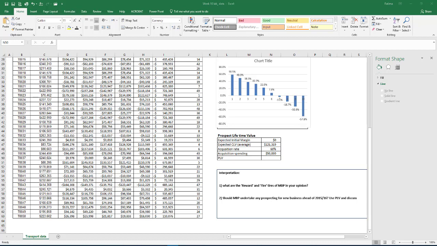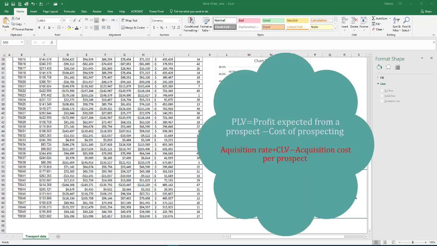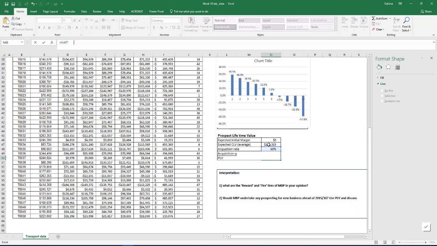So what's the formula for PLV? Here is the formula. PLV equals the profit expected from a new prospect minus the cost of prospecting. So the exact formula is acquisition rate multiplied by expected CLV minus the acquisition cost per prospect, which is $50,000.